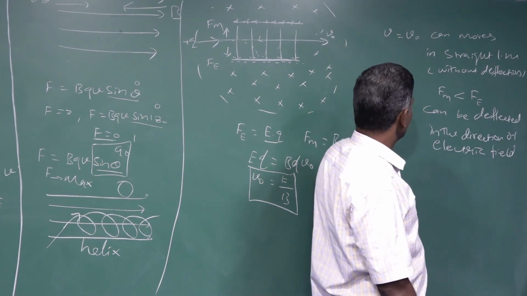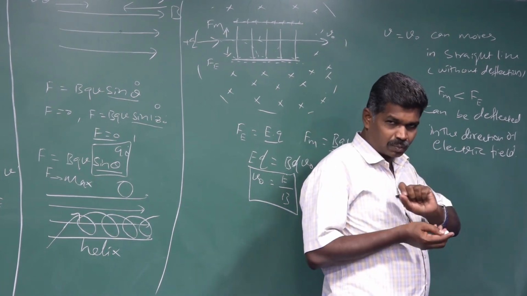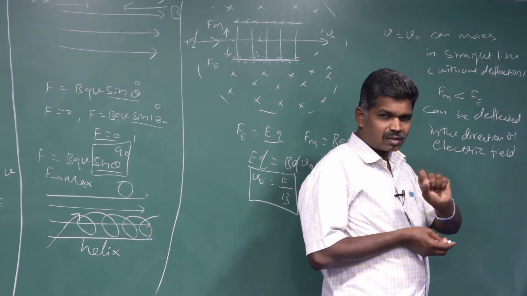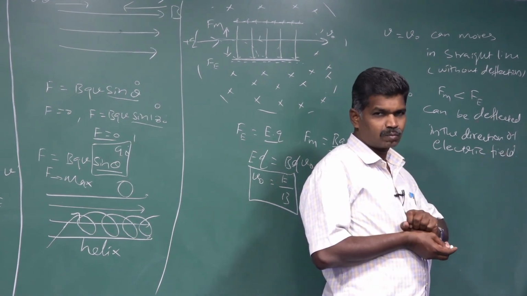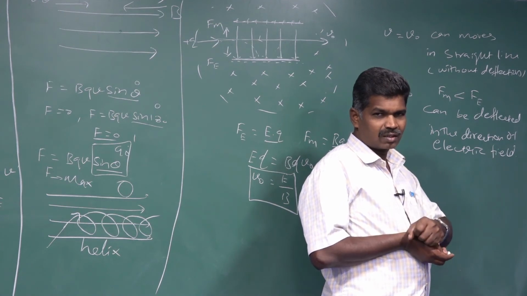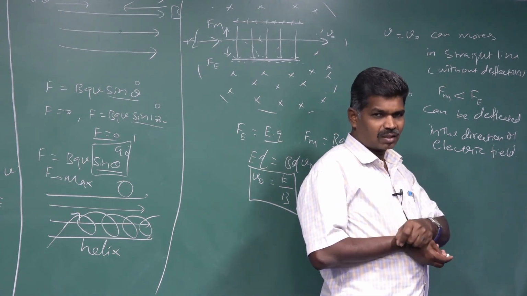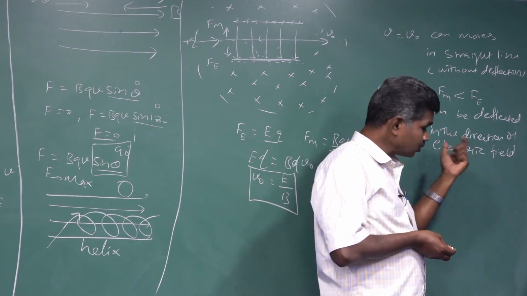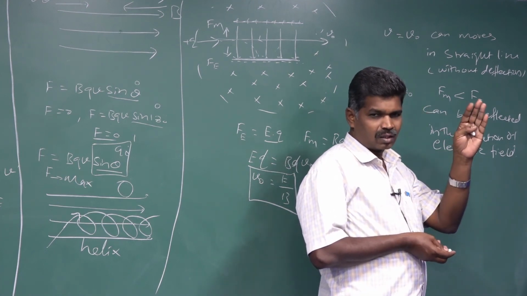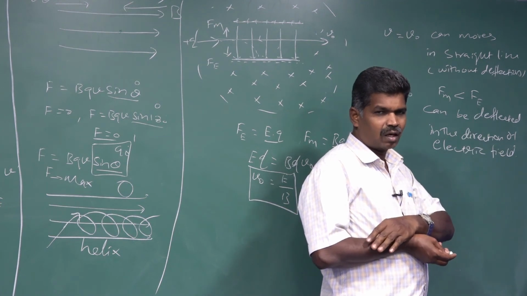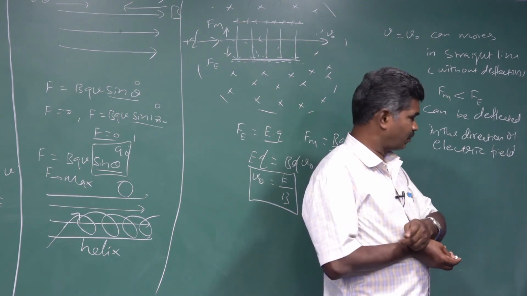V0 is nothing but the selected velocity. Our velocity is less than the selected velocity, so the electric force dominates and the particle is deflected away. That velocity of particles is not taken out.